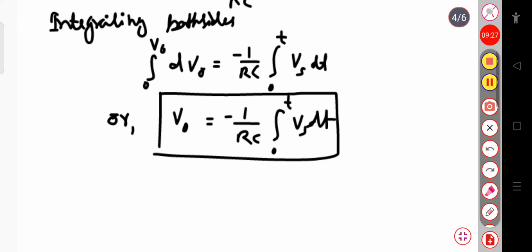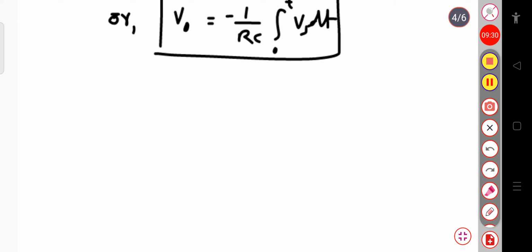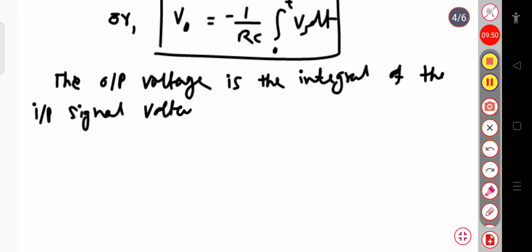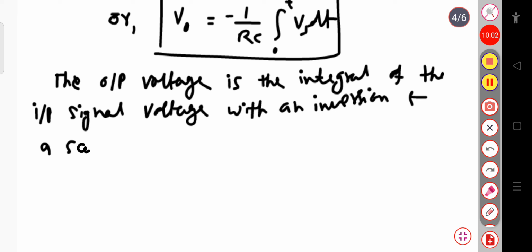So the output voltage is the integral of the input signal voltage with an inversion and a scale multiplier of 1 by RC.